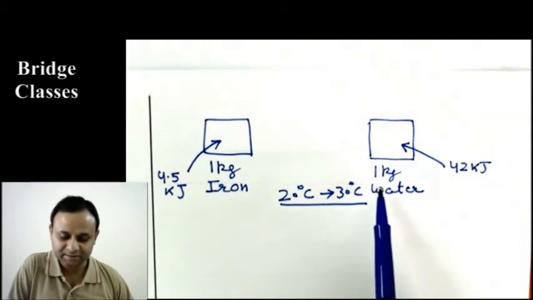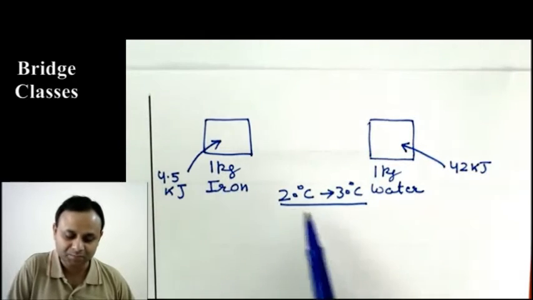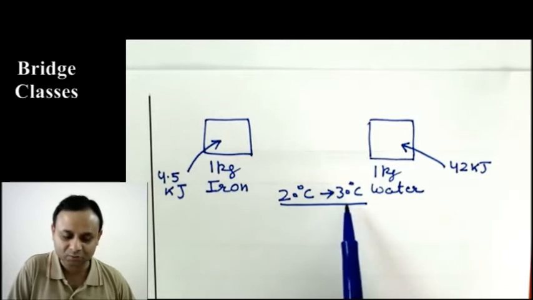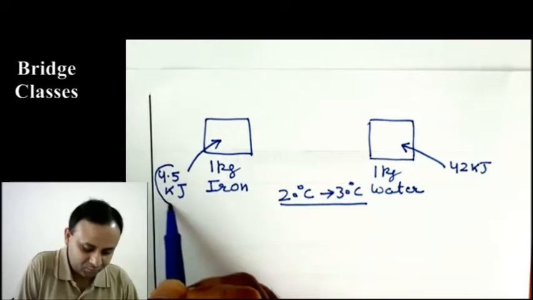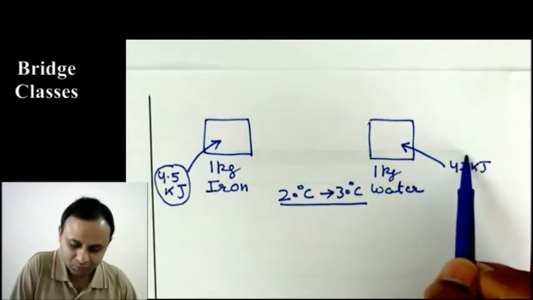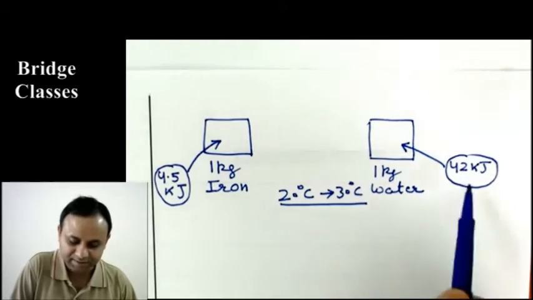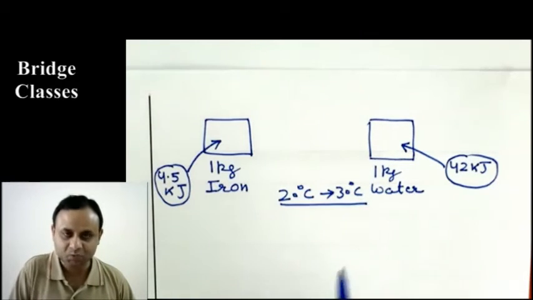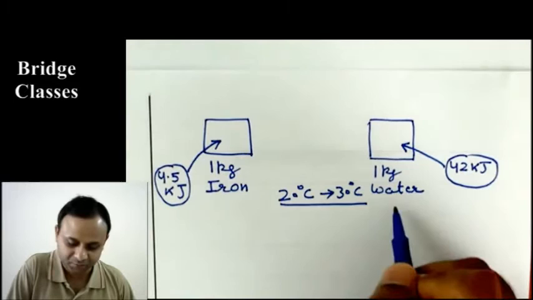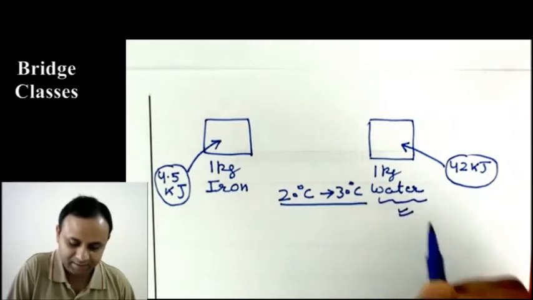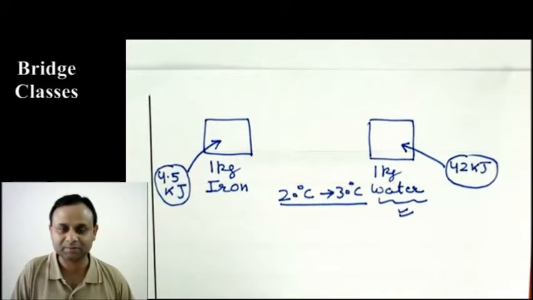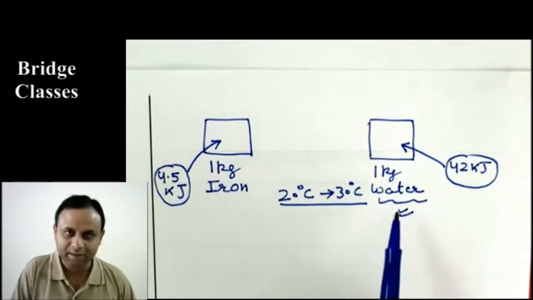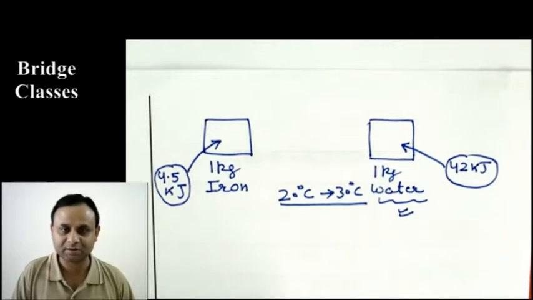So you see, we are heating the same amount of substance, 1 kilogram, by the same temperature rise, 20 to 30 degrees C. But iron requires only 4.5 kilojoule, whereas water requires almost 10 times of that, 42 kilojoule. So which substance has more thermal energy storage capability? Water has higher thermal energy storage capability. So in order to characterize this, we have a property that is called specific heat.